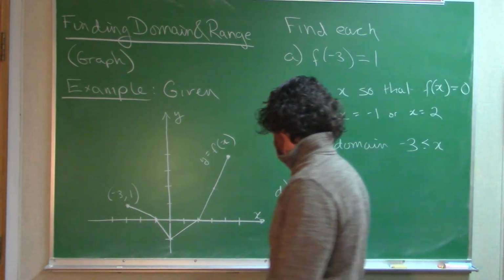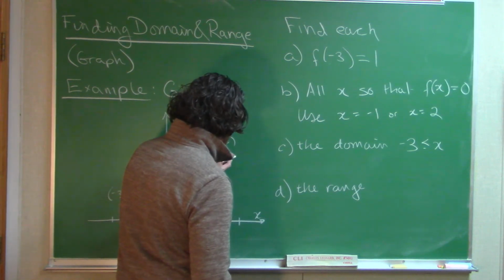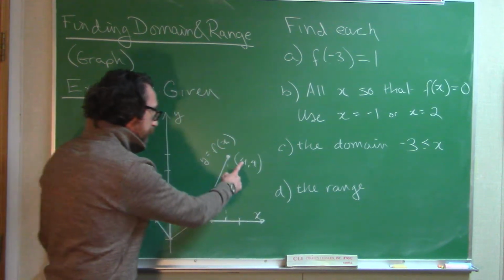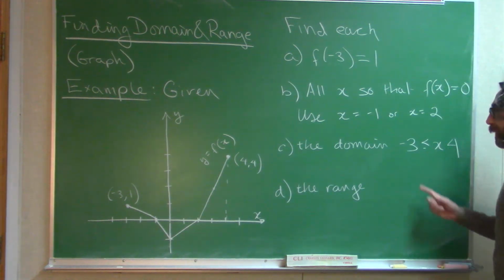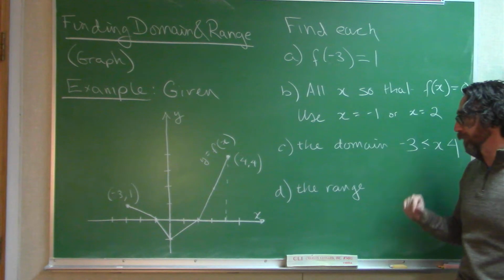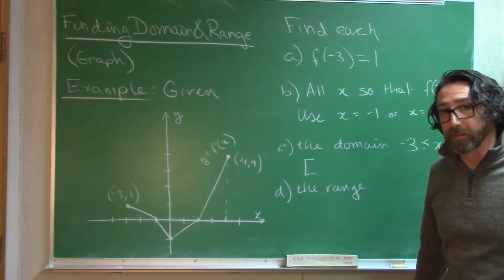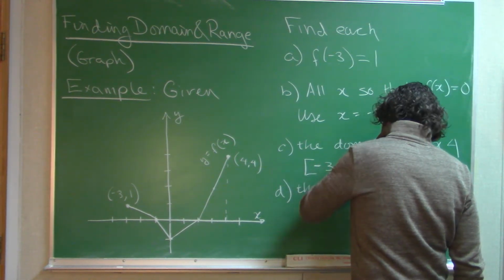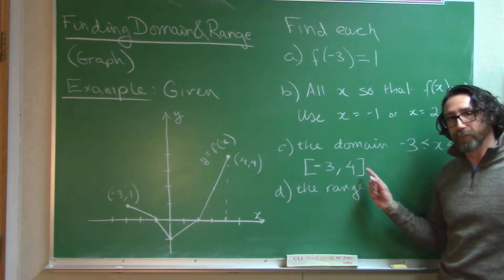What's the biggest x value I can use? Well, it looks like the biggest x value is this one over here, right? And this point looks like it has coordinates 4, 4. My biggest x value is 4. So my input values are between -3 and 4. We'll talk about this in a later video, but for interval notation, which is a good way to describe these sets of numbers, we're talking about -3 to 4.